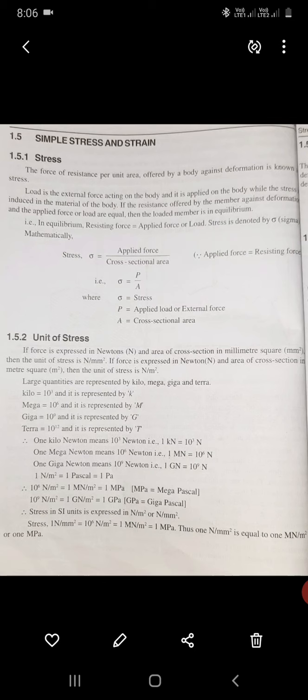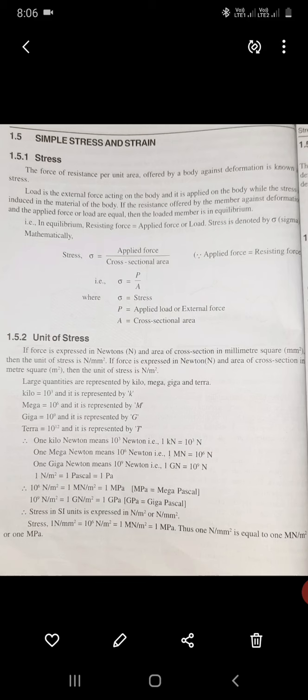As we know from physics, kilo means 10 raised to 3, or 1000, and is represented by small k.